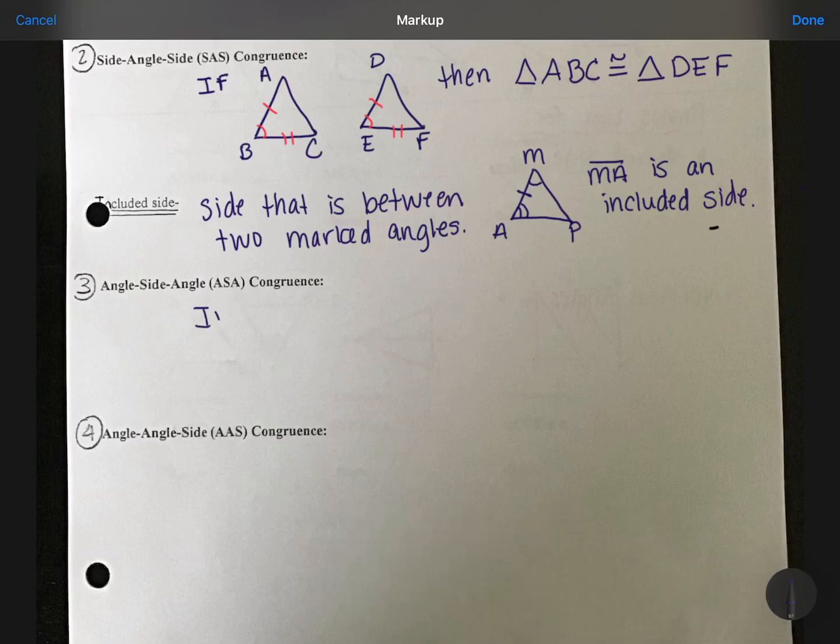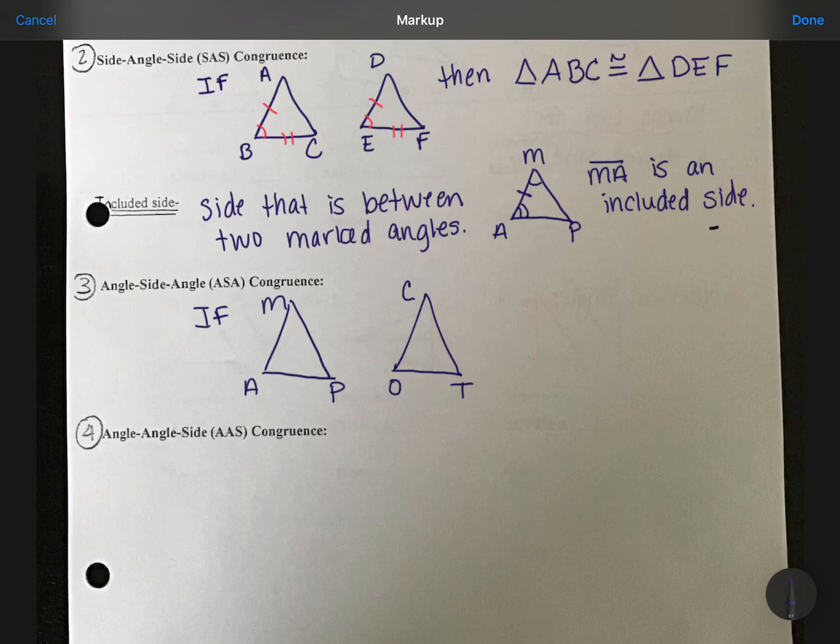So if I have a triangle MAP, I have another triangle we will call, let's see here. I'm trying to think of some three-letter words. My brain's tired. We'll do COT. We don't usually generally use O because it looks like a 0, but that'll work.